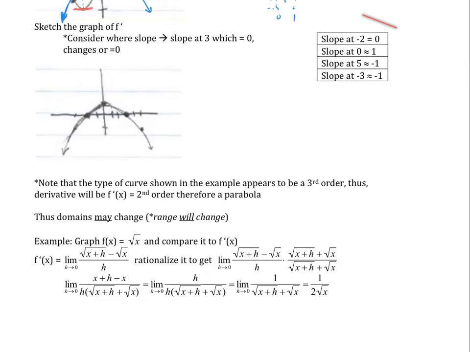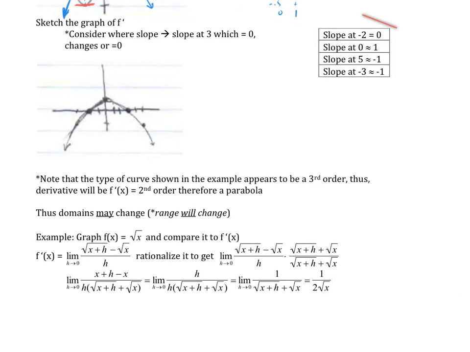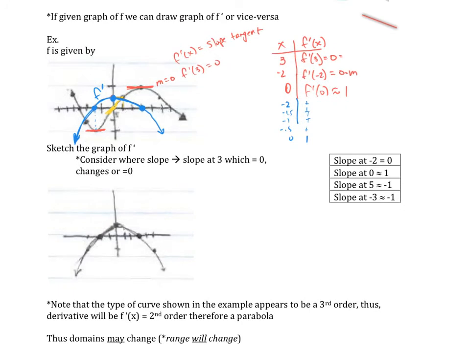Now, here's a couple things to note. If it's a third order polynomial like this, I have it written down here, then the derivative will be second order. This appeared right up here to be the original, a third order polynomial. So that means the derivative will be second order. And notice this was a negative.